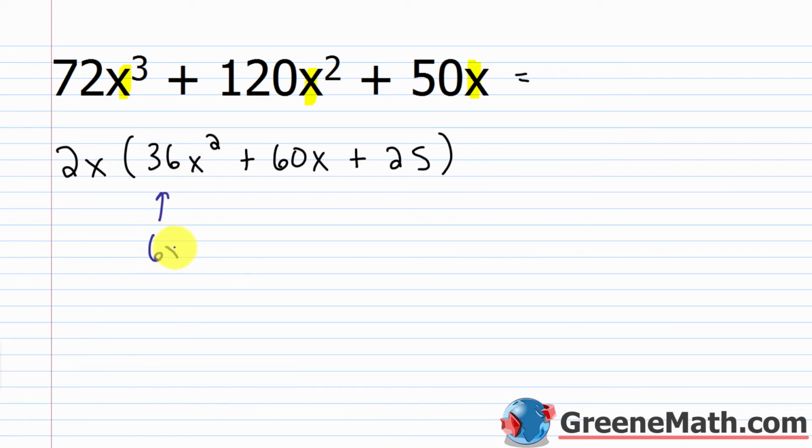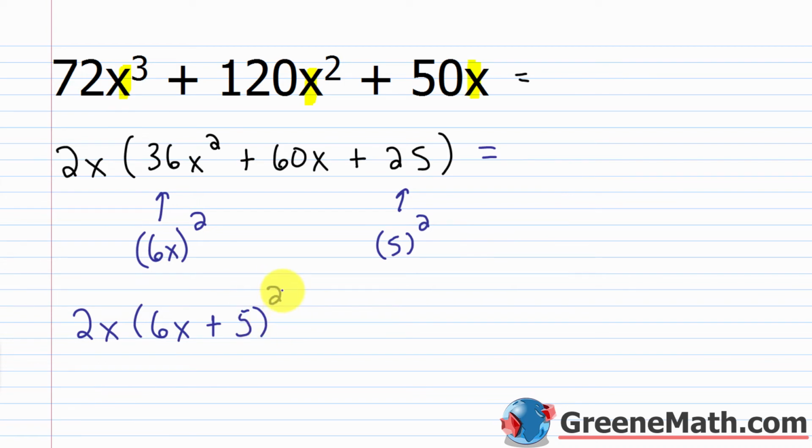So this would be 6x, that amount squared. 25 I know is 5 squared. And then for your middle term, 2 times 5 is 10. 10 times 6 is 60. x comes along for the ride, so I would get 60x. Now, all I need to do, again, make sure you have that 2x out in front. I would put 6x in the first position. I have 2 plus signs here, so this is going to be plus. And then I would put 5 in the second position, and then this is squared. So this is going to factor into 2x times the quantity 6x plus 5, squared.